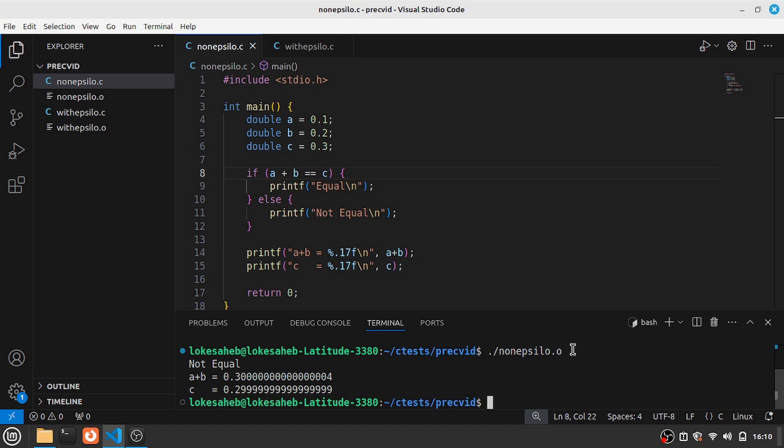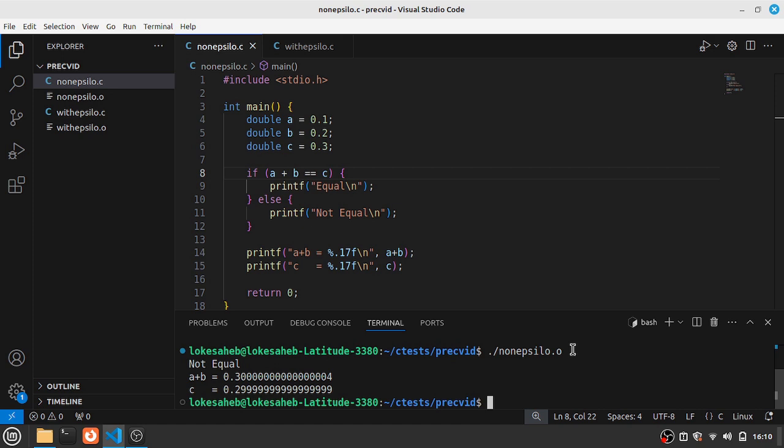The reason is that the number 0.3 is not stored as exactly 0.3, it is stored as an approximation, something like 0.29999. There is a source of error while storing that data, and that error is not considered. That is why we get the values as not equal.